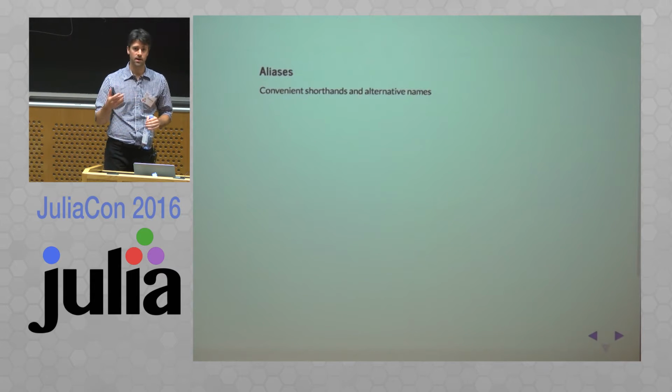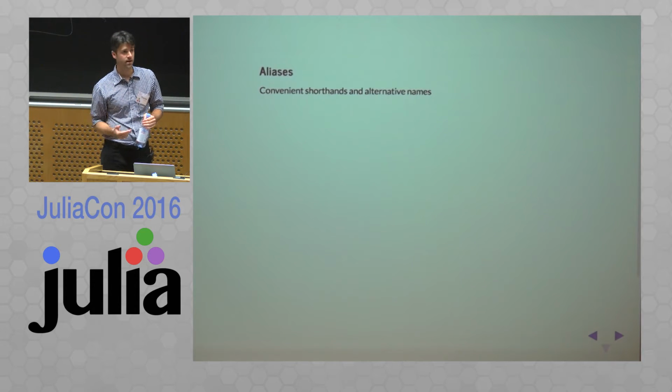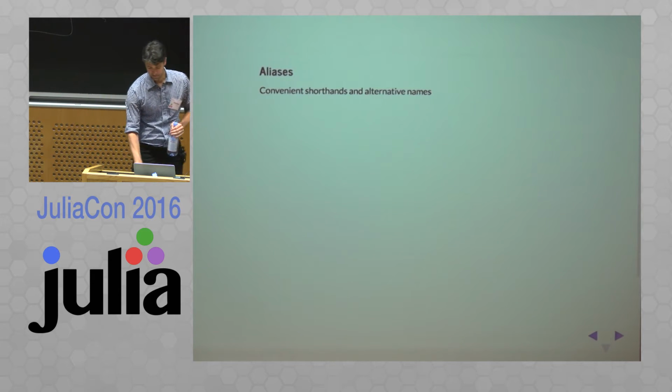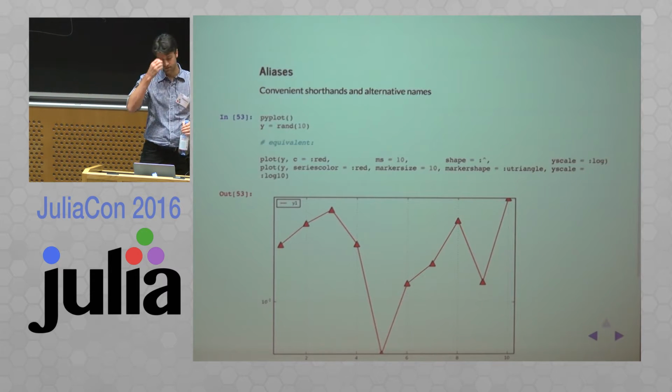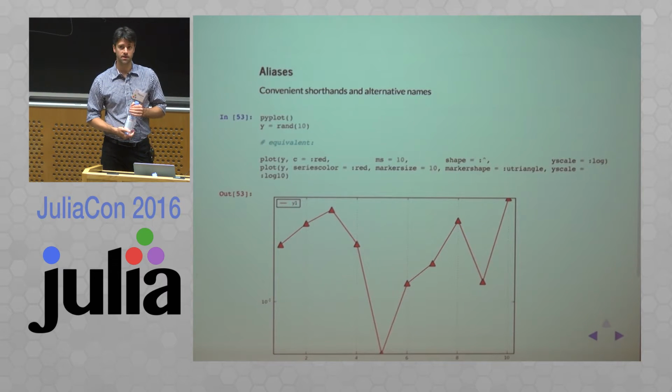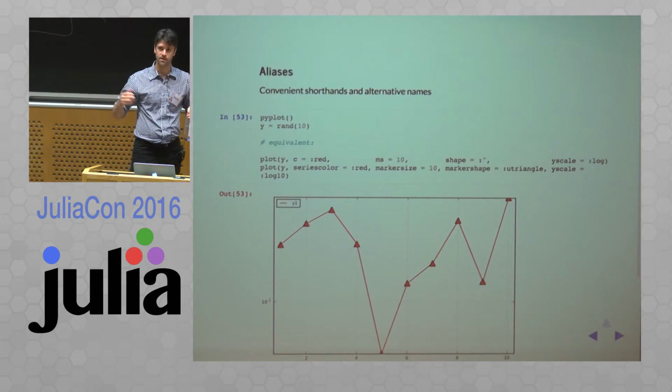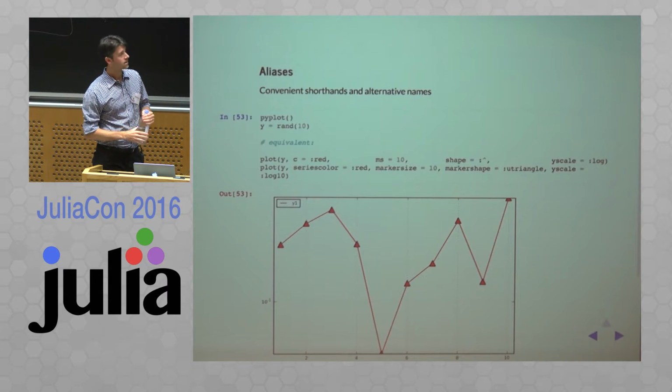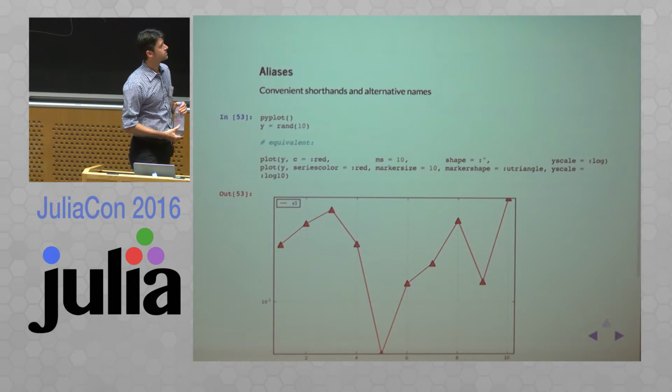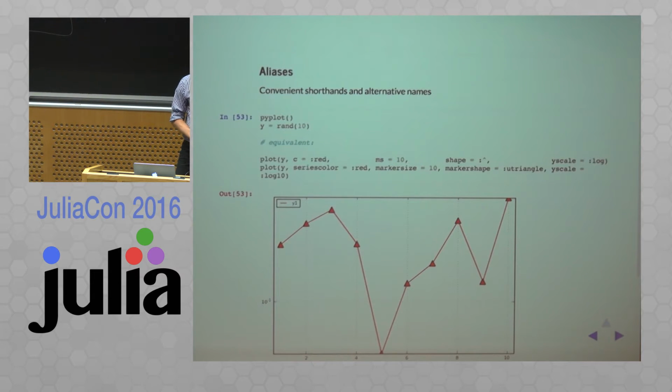Color, for example, is really series color, but you could also call that C. And there's a bunch of other ones, and if you go on the docs and the attributes section, I've got some tables that lay out what the attribute name is, but also a list of all of the aliases that you could call it. For those cases where you don't want to look at the documentation and figure out what the right command is, just try something, and very frequently it'll work. And it's because there's so many ways to do the same thing.